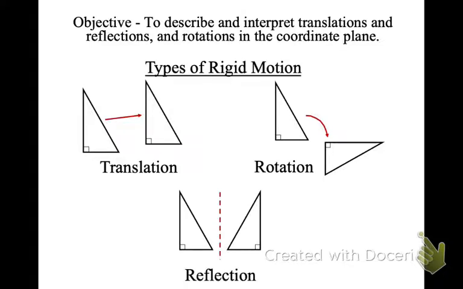So again, in kid words, we say slide, turn, and flip. But in math words, and you really should get used to using this language, it's translation, rotation, reflection.